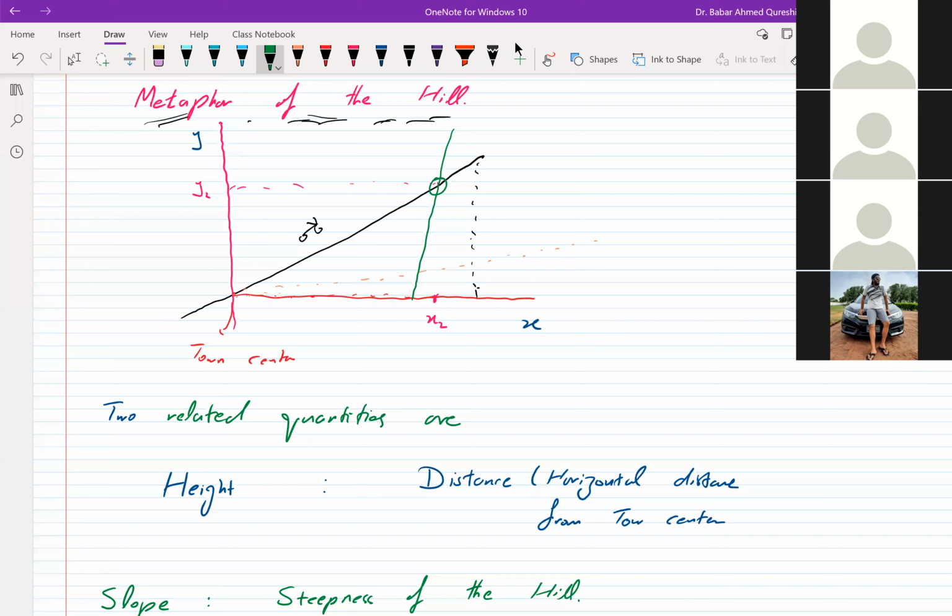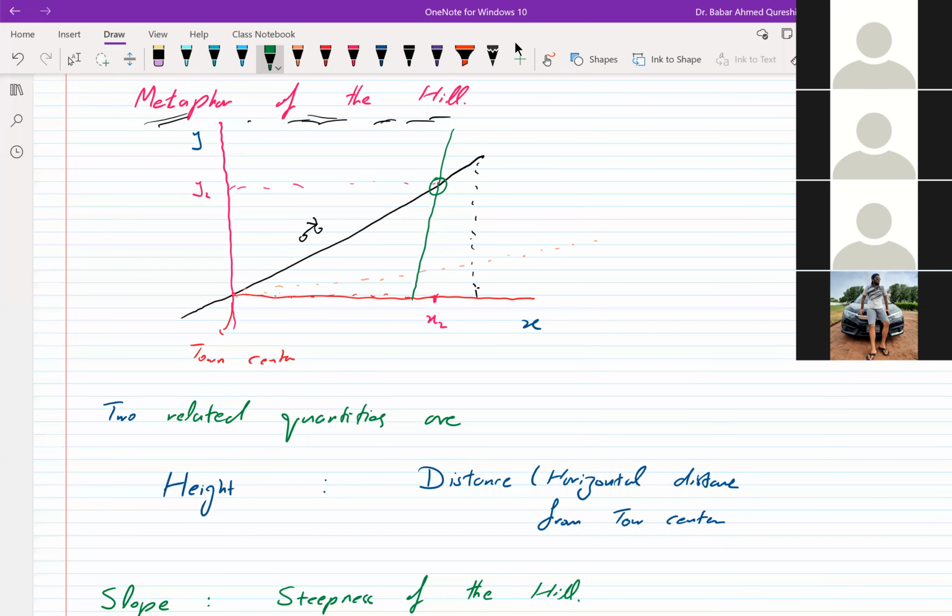And if you are just at this point, which I just marked over here at distance x2, for you, there's no way to tell how steep the hill is standing at this point, because regardless of if you are on the black hill or on the green hill, your distance from the town center is x2 and your height is y2. Both hills at this point have same distance and same height.